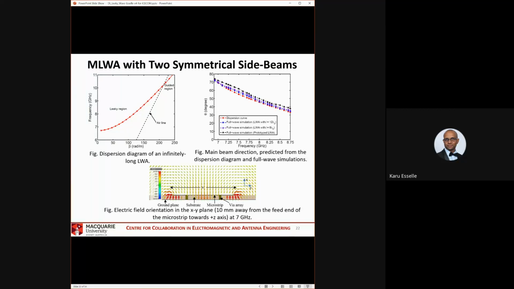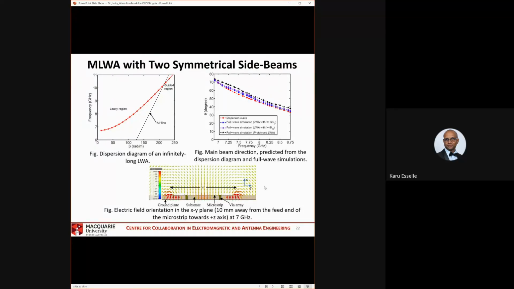the dispersion curve by dispersion analysis, and by full wave simulation of several antennas with different lengths, 8 lambda naught, 12 lambda naught, etc. So it's not a massive change in the theta.